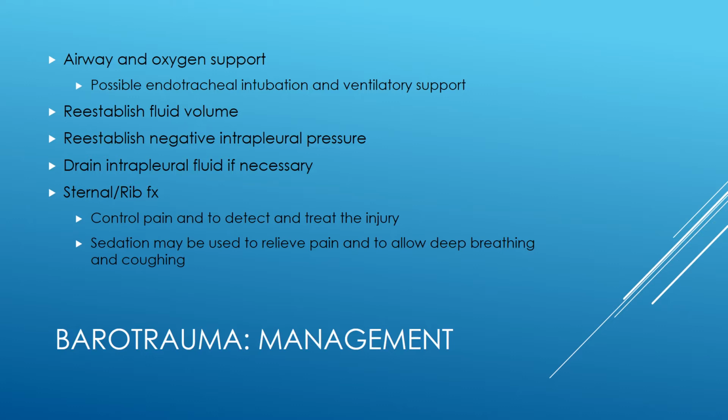Reestablish negative interpleural pressure, so this would be inserting your chest tube to alleviate the pressure buildup occurring within the chest wall. Drain interpleural fluid if necessary, so again, chest tube. If it's a hemothorax, then you're draining the blood that is accumulating in the chest cavity.